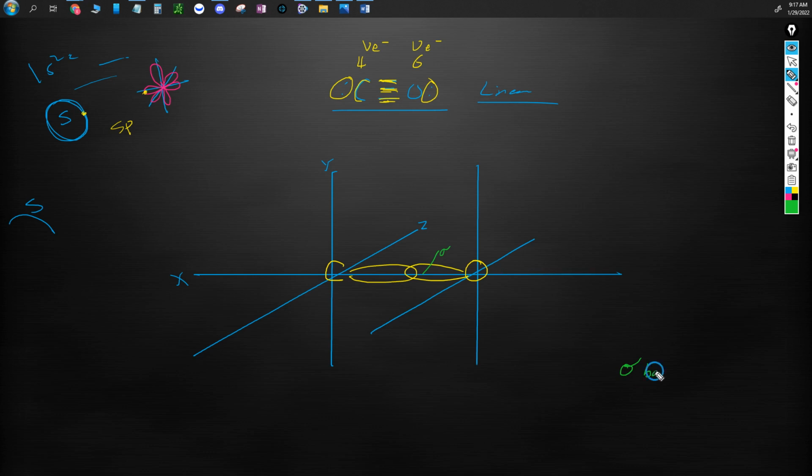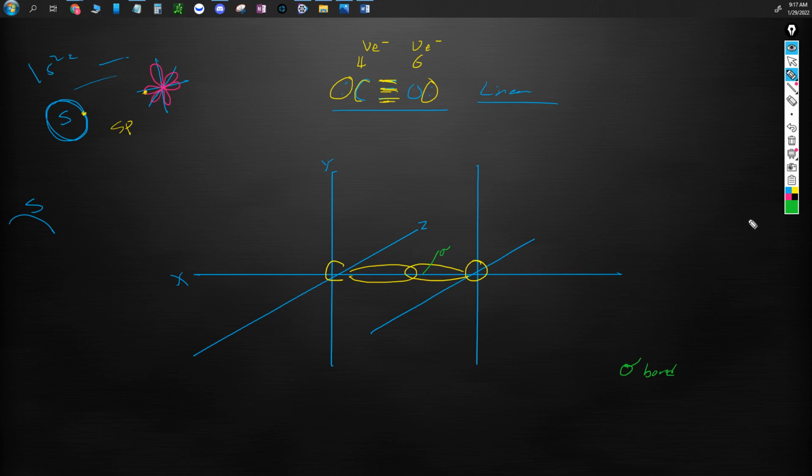Once this dimension is taken over by these electrons, the electrons are also repelling each other. So other electrons that want to form another bond between the two cannot go between these two at the closest distance anymore. The leftover dimensions are the y dimension and the z dimension, right?